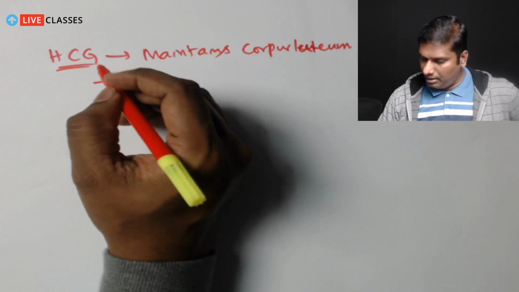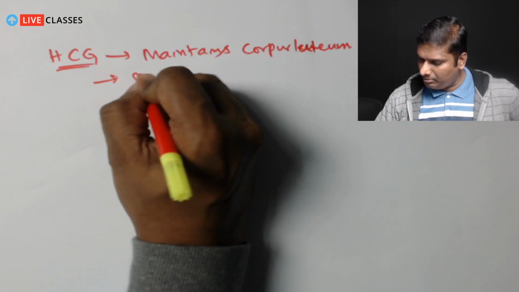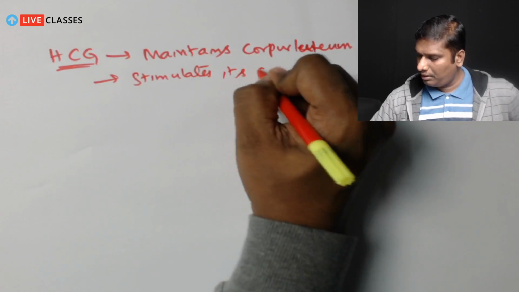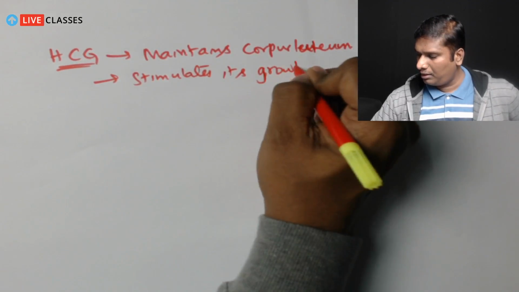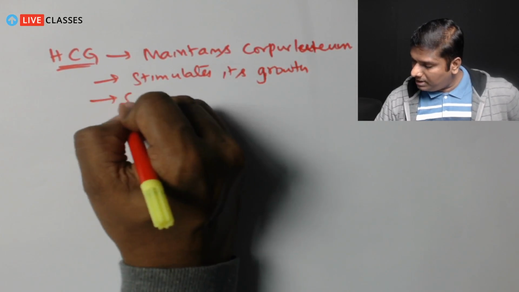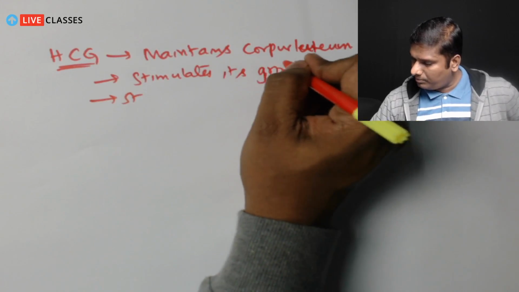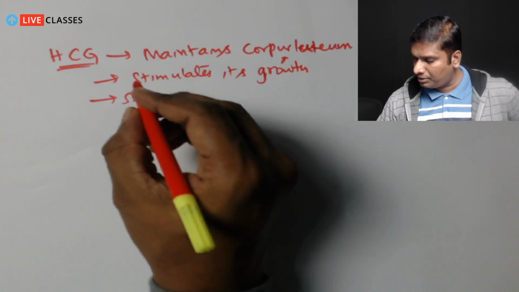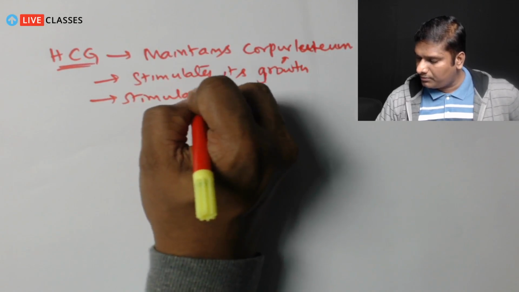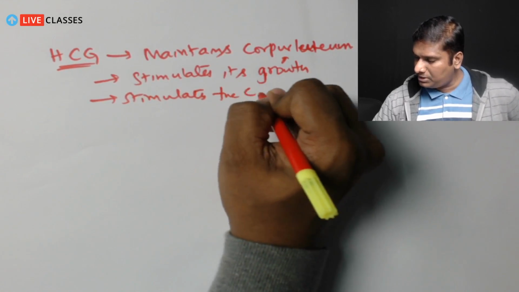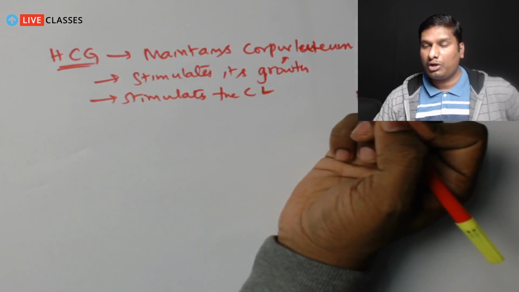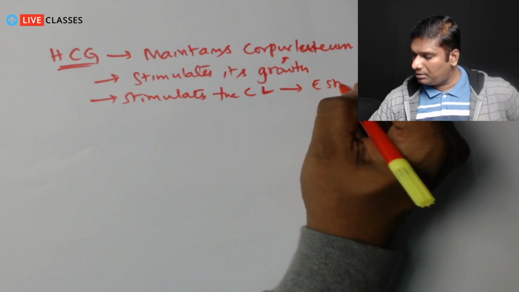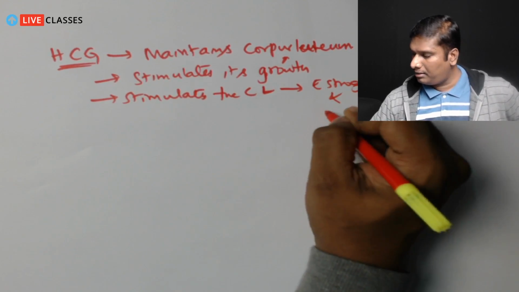It not only maintains it, it stimulates its growth, and when I say its growth, we're talking about the corpus luteum growth. It also stimulates the corpus luteum to start releasing both estrogen and progesterone.